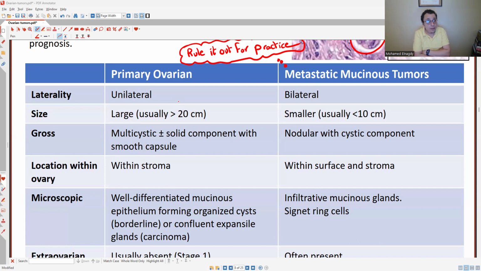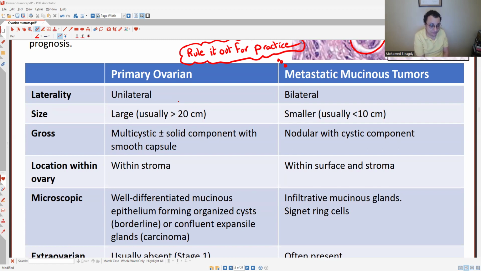However, is it mucinous carcinoma of the ovary, or is it mucinous carcinoma of the colon, stomach, or appendix sending metastasis to the ovary? Can you differentiate this on H&E, for example? Do you have a clue how we can differentiate this on H&E or even on gross examination?